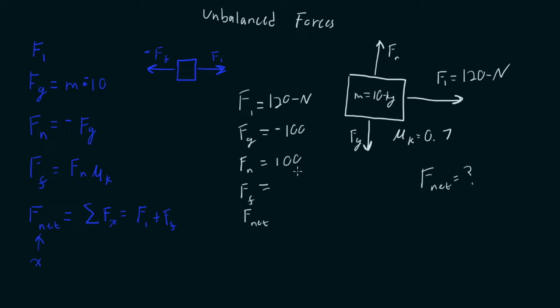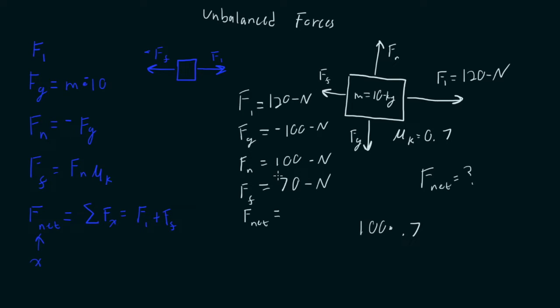And then my force of friction will be that Fn times the mu k. So that's going to be 100 times 0.7, which will be 70. Finally, the force net, F net, will be 120 plus, and remember, force of friction is going to be resisting that, so it's going to be in the backwards direction.